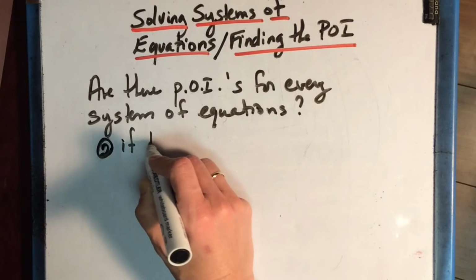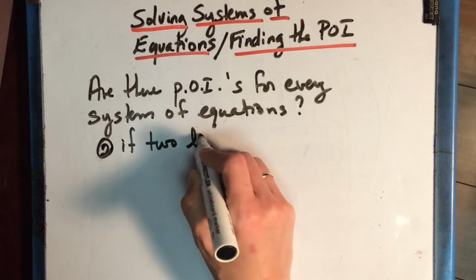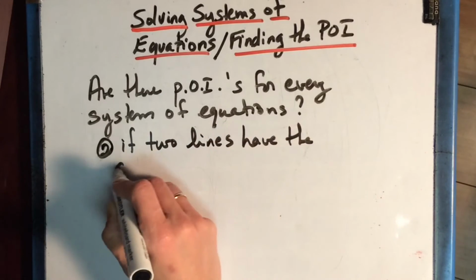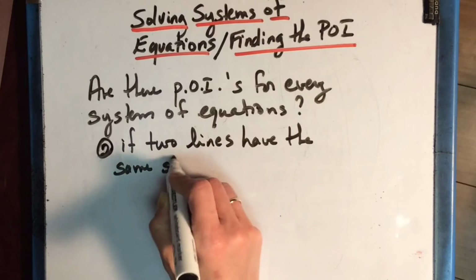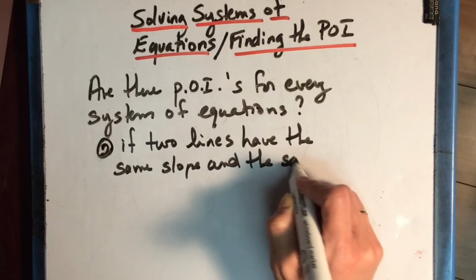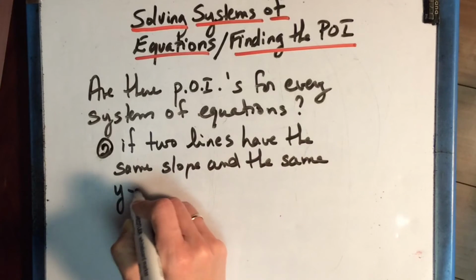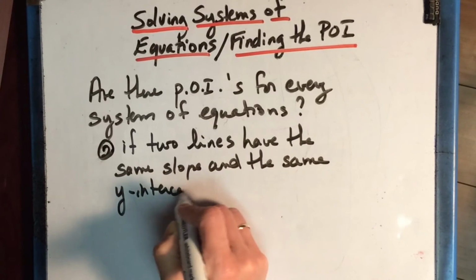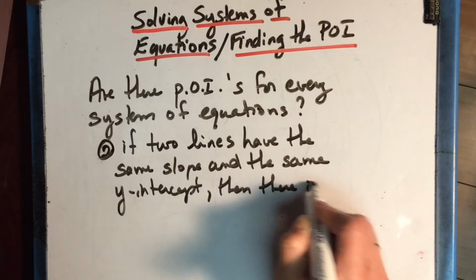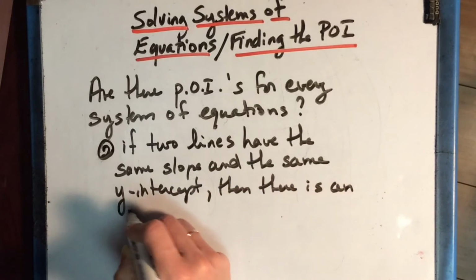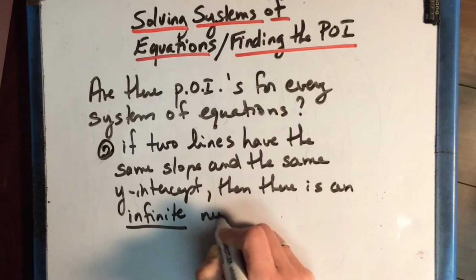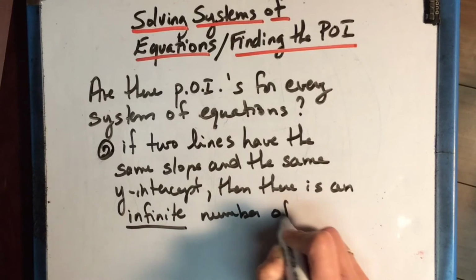If two lines have the same slope and the same y-intercept, then there is an infinite number of solutions.